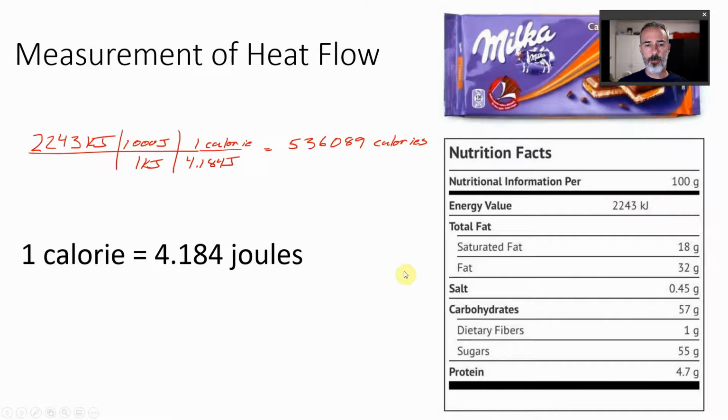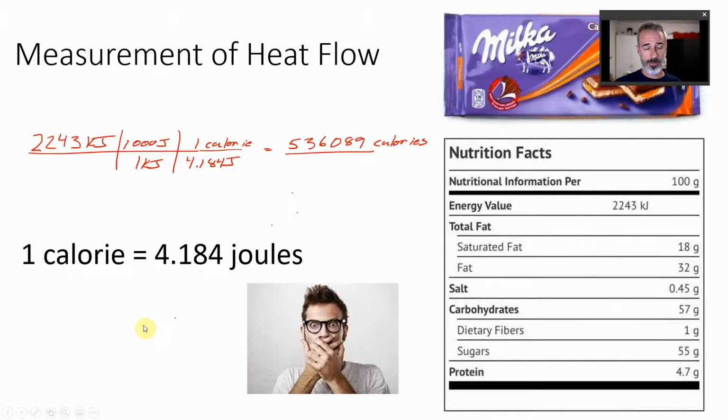All right, well, if we're going to do this conversion, clearly we've got to convert our kilojoules to joules first. 1 kilojoule is 1,000 joules. And then, of course, we had our conversion factor, 4.184 joules is equal to 1 calorie. And I get 536,000 calories. I mean, I do definitely need to watch my diet there, don't I? Because that is a shocking number of calories.